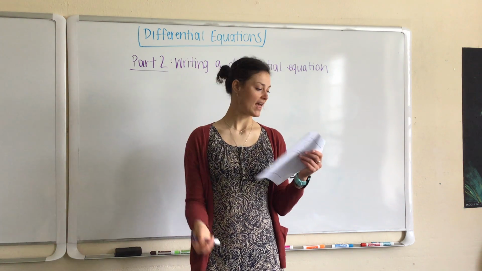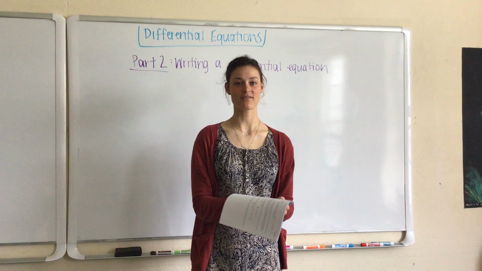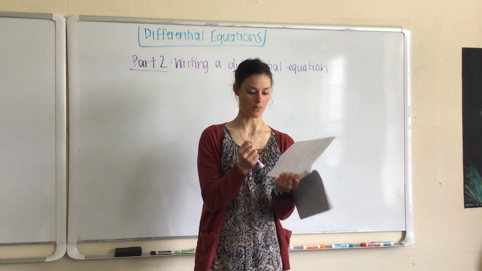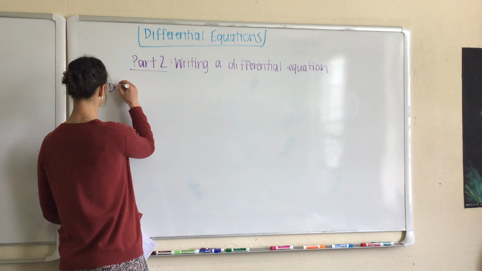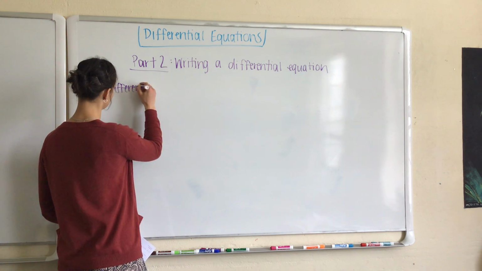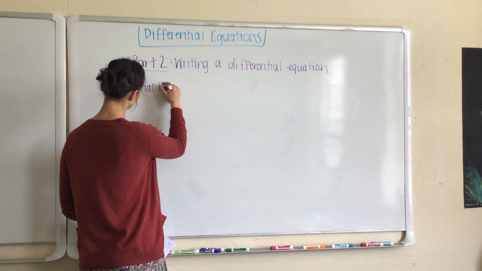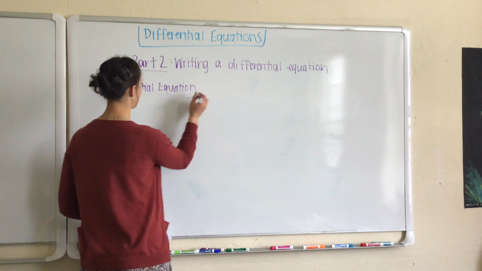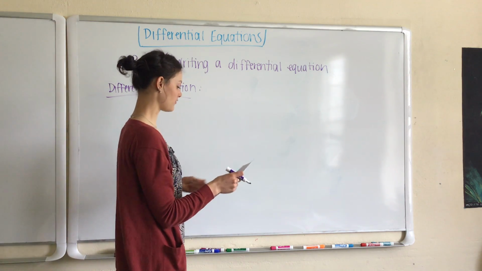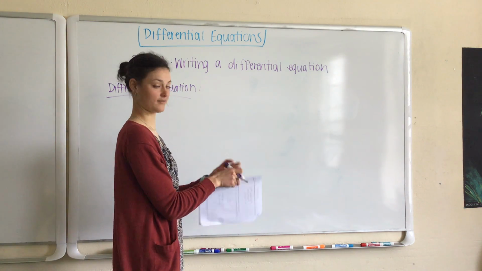So, review. A differential equation is, well, you had the definition approximately one page ago, but we're going to do it again. A differential equation is, again, an equation that relates a function with one or more of its derivatives.